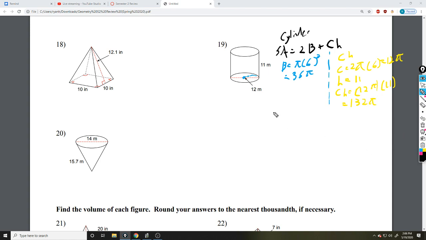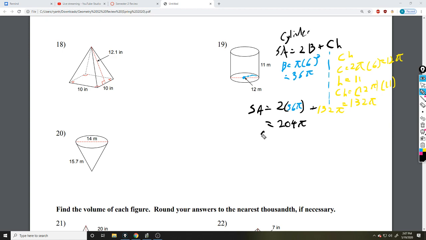Now, in the prisms and cylinders, the formula is a little bit more complicated when we go to plug it in, because we've got to do twice the area of the base and then plus this part. Twice the area of the base, so twice 36 pi, plus our circumference times the height. That just goes in, like always, it's 132 pi. There we go. So we put those together. Let's see, that should be 204 pi.